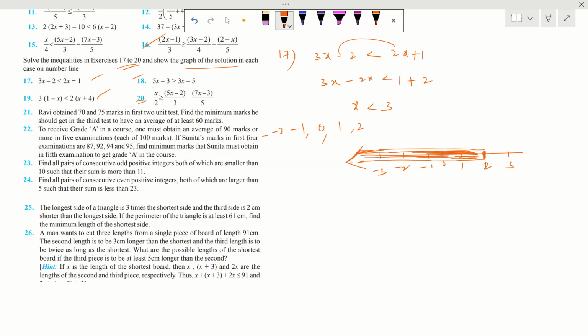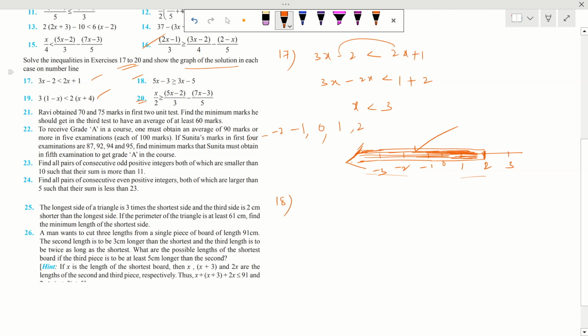So this is the graphical representation on a number line. We come from the 2, and the solution goes on continuously. This is the graphical representation on the number line.